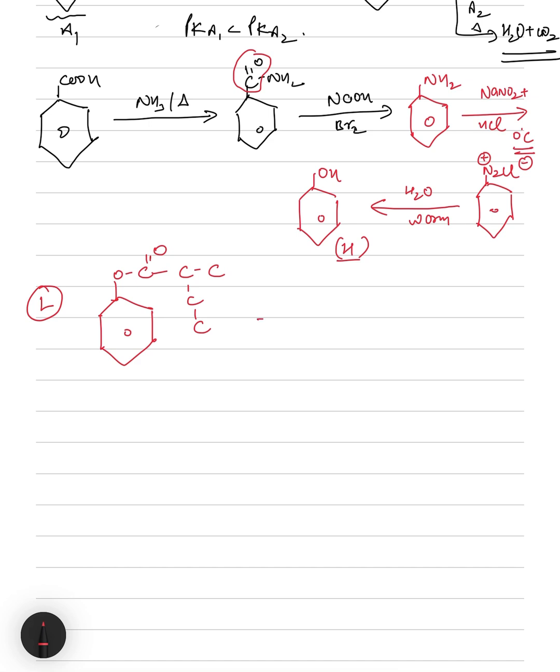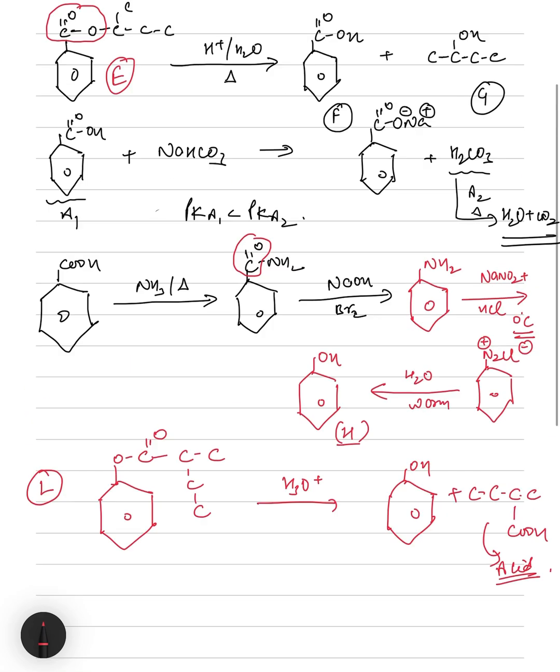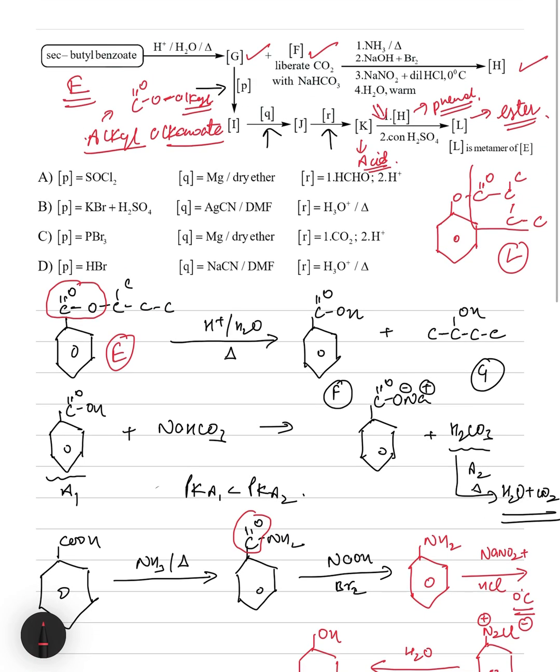Now, if I do the hydrolysis of the L compound, I will get phenol plus this compound which we obtained, right? These are the two compounds. That means upon hydrolysis of the L compound, we are getting phenol and this carboxylic acid, so this is the acid which is formed in the option K.